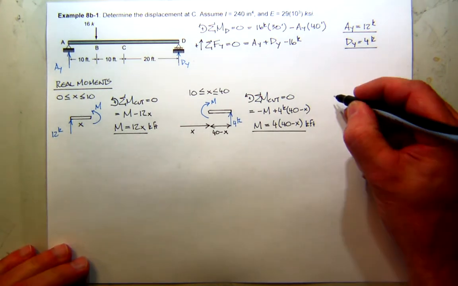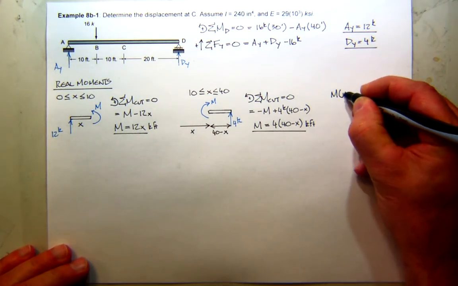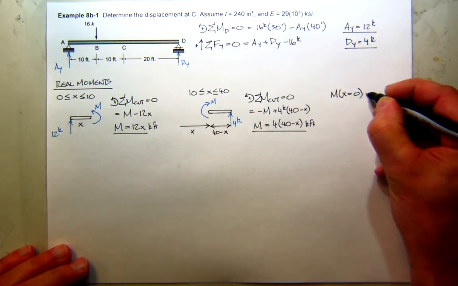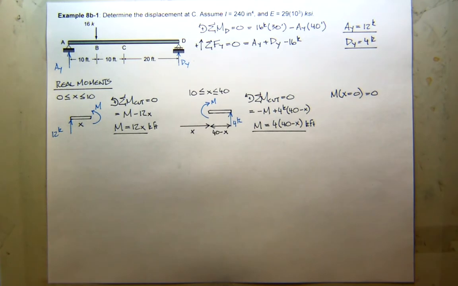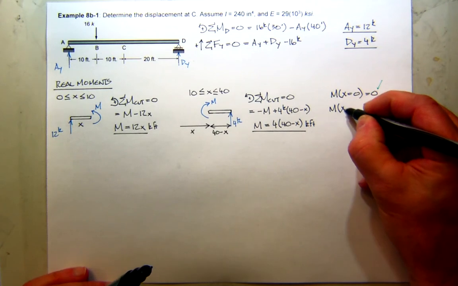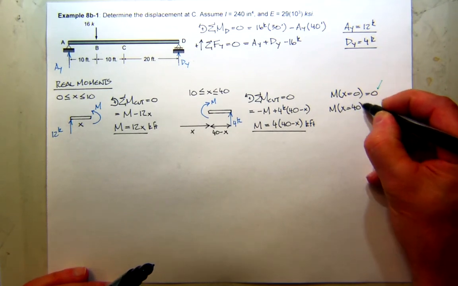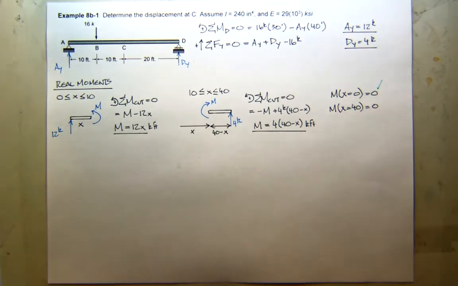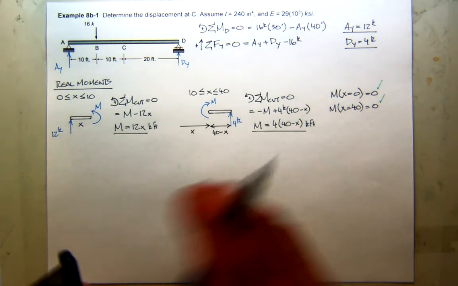So I'll just write over here to remind you that I did check that the moment at x equals 0 is 0. That's true. We also know that the moment at x equals 40 in this problem should be 0, right? And we check that.